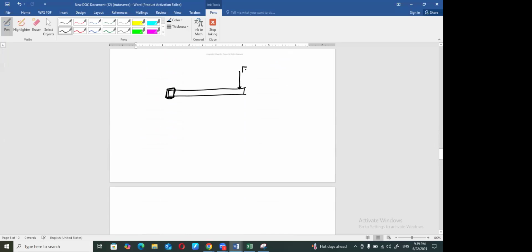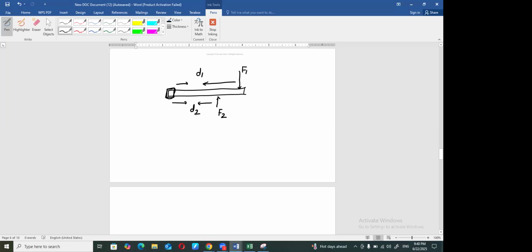Let's suppose this force is F1, and the perpendicular distance from the fixed point to the force is D1. There is another force which is acting in the upward direction, F2, and its distance from the fixed point is D2.